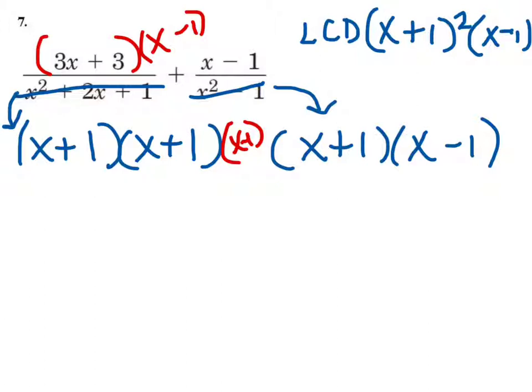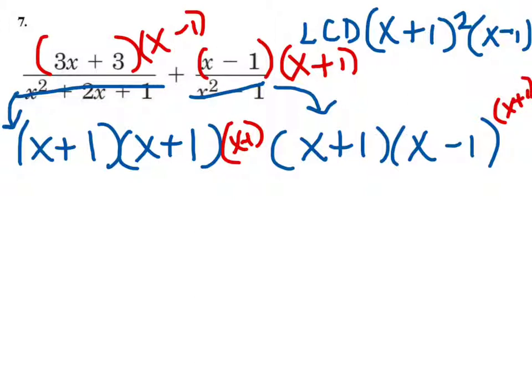What am I missing up here? I'm missing an x plus 1 factor. So let's multiply the top and the bottom of the second fraction by an x plus 1. So I have to wrap parentheses around my numerator that already exists, which is an x minus 1, and then make sure that I'm multiplying that entire numerator by the x plus 1. Let's multiply the denominator by the x plus 1.